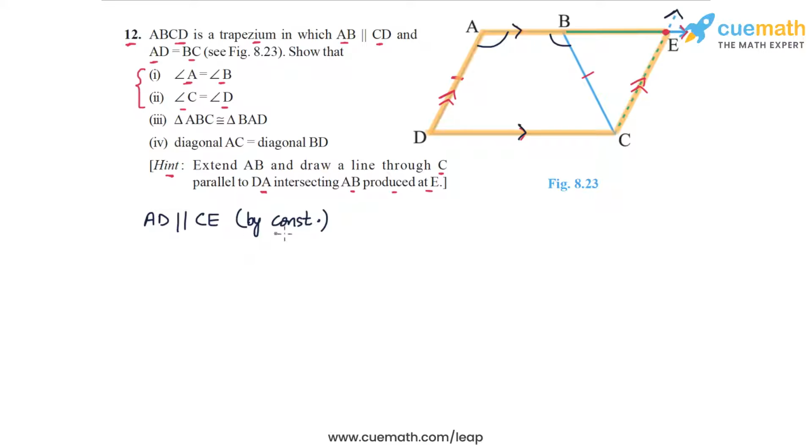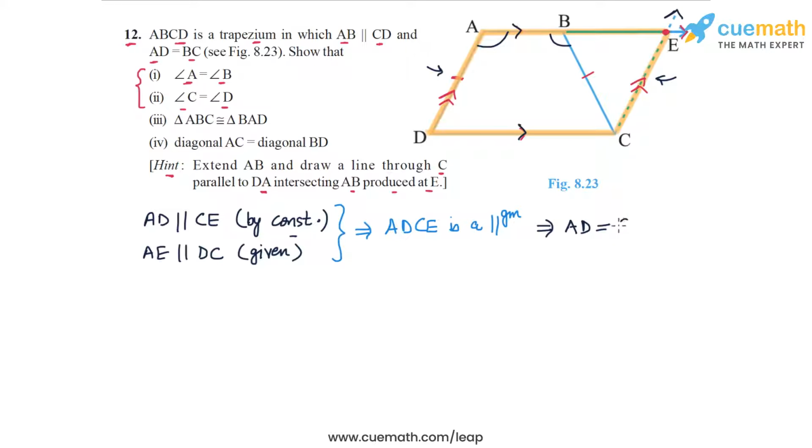From these two facts we can conclude that ADCE is a parallelogram because both pairs of opposite sides are parallel. And this also means that AD is equal to CE.